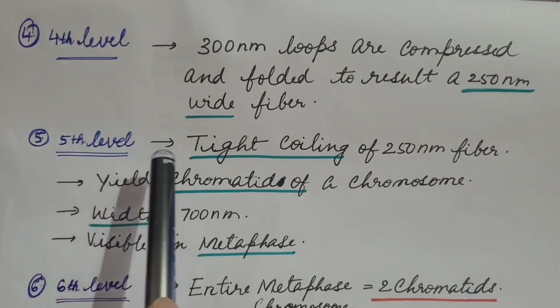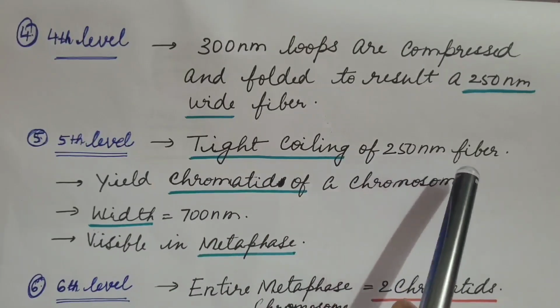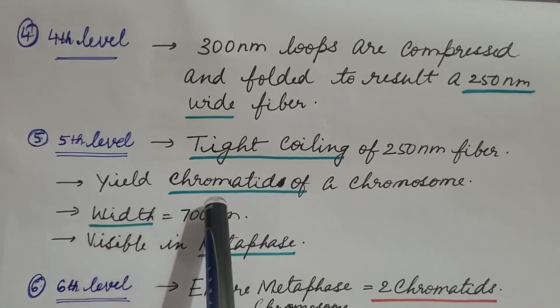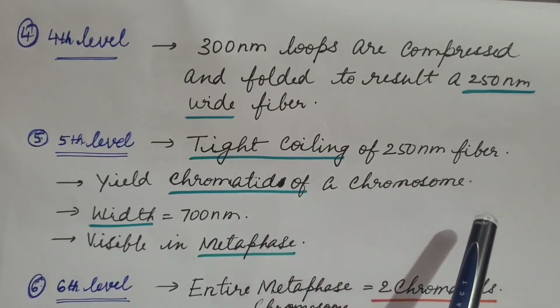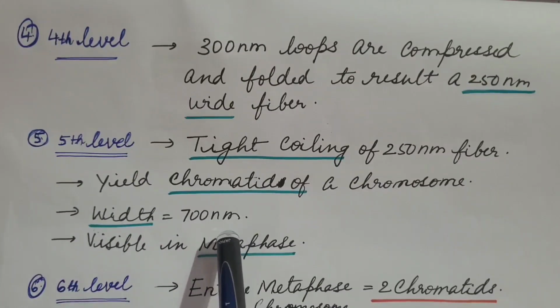In the fifth level of organization, tight coiling of this 250 nanometer fiber takes place. This yields chromatid of a chromosome having the width of 700 nanometer.